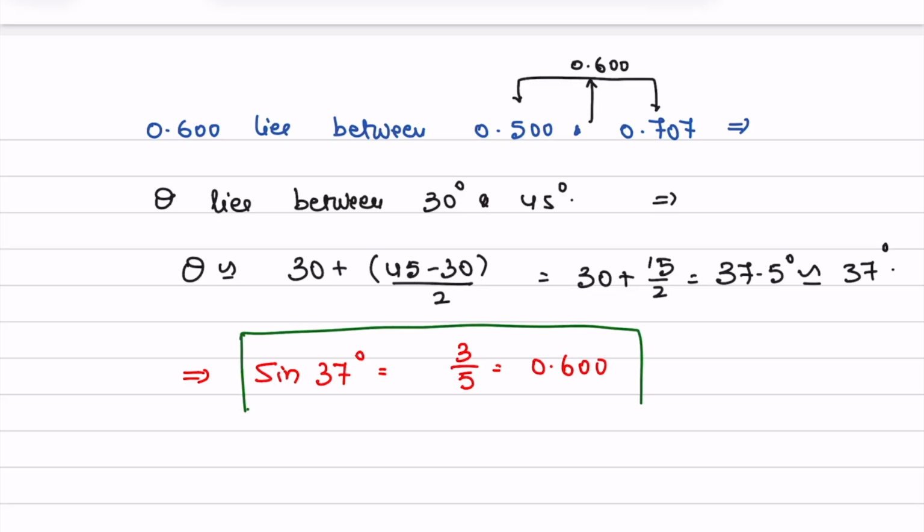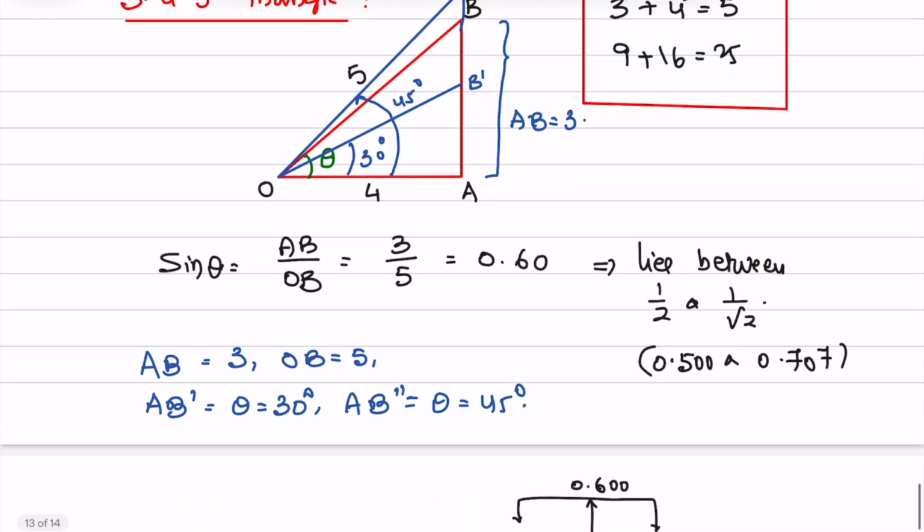This is an approximate value because we don't have a calculator. This is how approximation has to be done. If you want in-between values of sin theta, sin 37 degrees is equal to 0.600, 3 by 5.